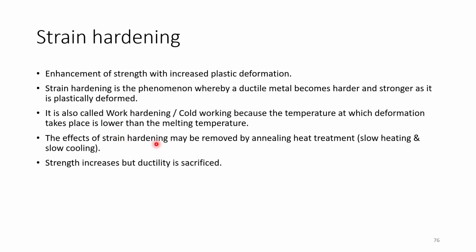The effects of strain hardening may be removed by annealing heat treatment, which is slow heating and slow cooling of the material. The strength increases but ductility is sacrificed in strain hardening.